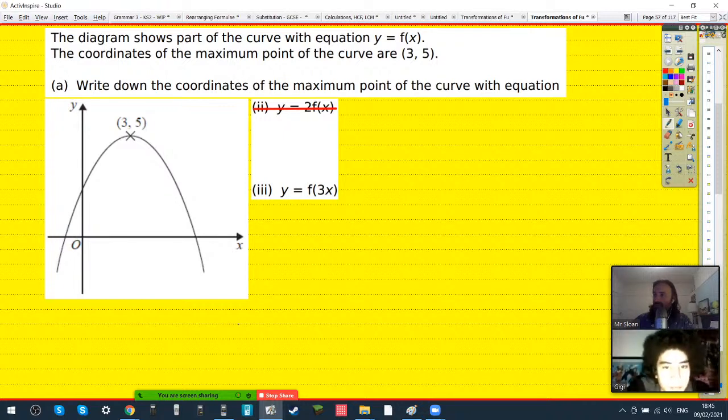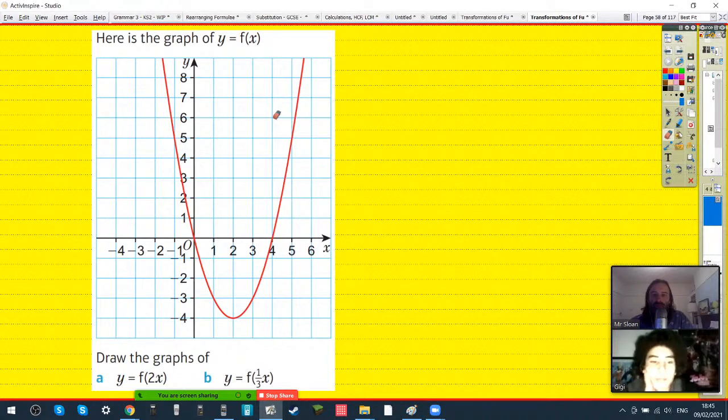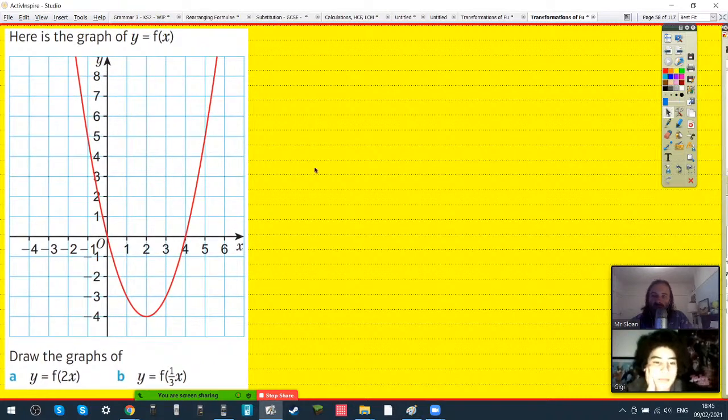That will become... will become 1, 5. Very good. All right. Draw the graph. 2, minus 4 would become 1, minus 4.